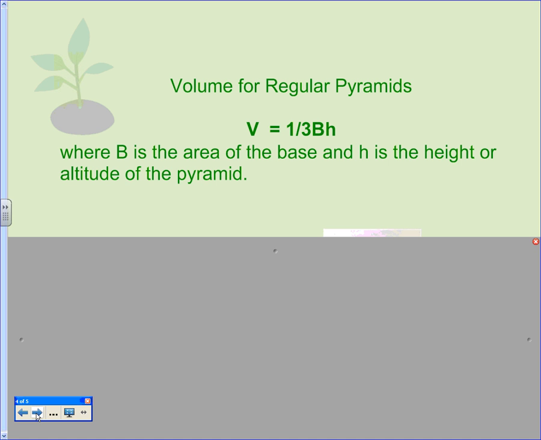Okay. Looking at the volume for regular pyramids.